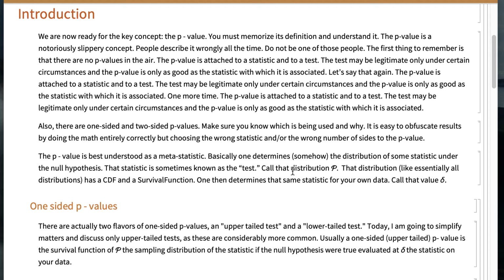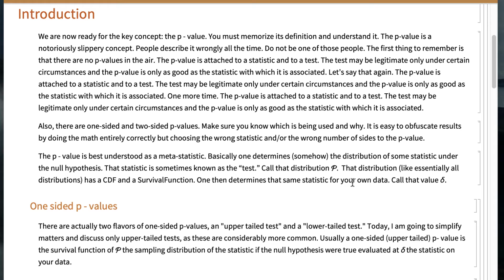That statistic is known as the test statistic, and that distribution, not the underlying distribution but the distribution of the statistic, we'll call script P. That distribution has a CDF, a survival function, probably a PDF too. What you then want to do is to determine that same statistic on your own data, and for now we'll call that value delta.